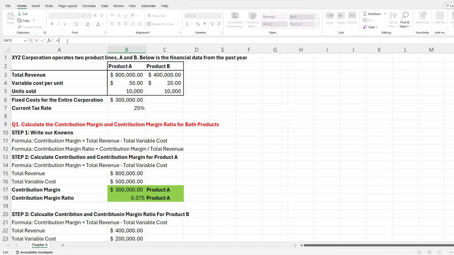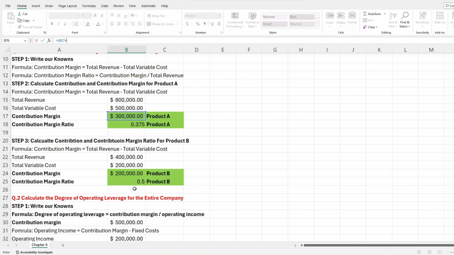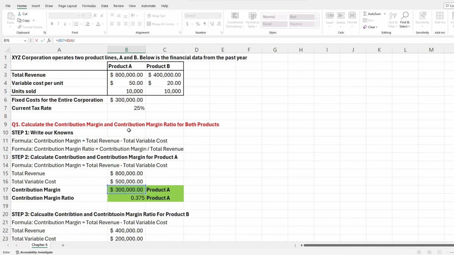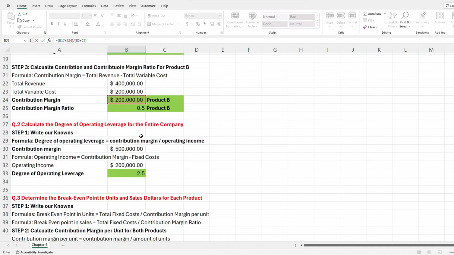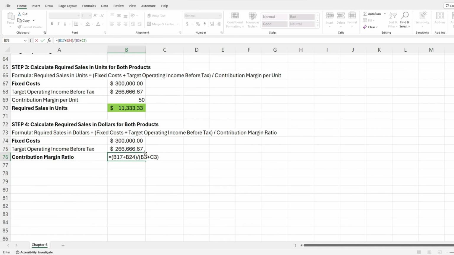Your contribution margin is equal to 300,000 for product A plus 200,000 for product B. If we combine those two, that's our contribution margin for the whole company, divided by our total revenue. We're given our total revenue here, so 800,000 plus 400,000. So we just combine both, and this is our contribution margin ratio for the entire company.